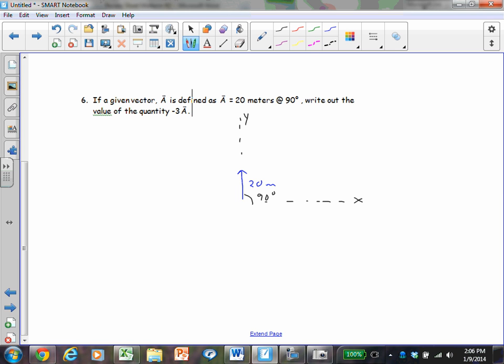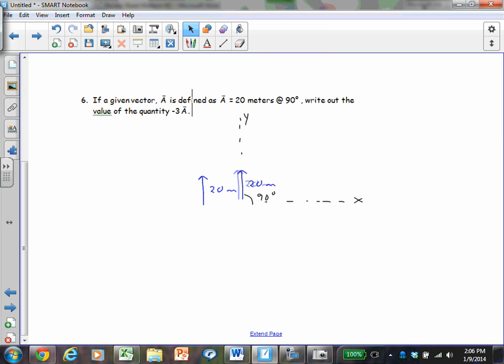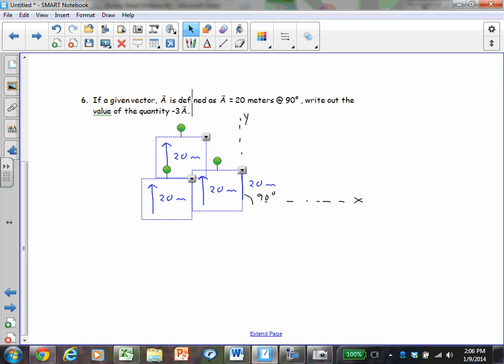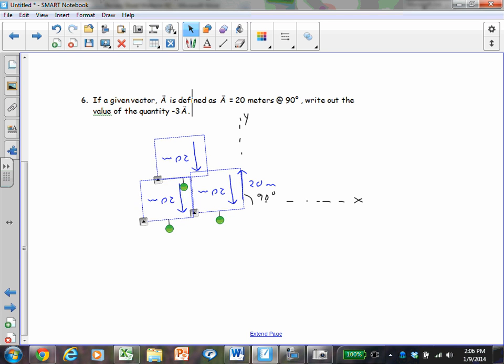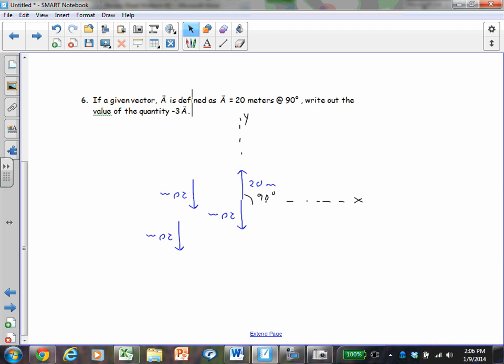Minus 3A is going to take 3 of these and reverse them all, and have them go down.